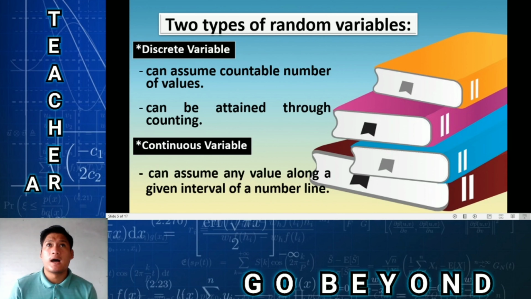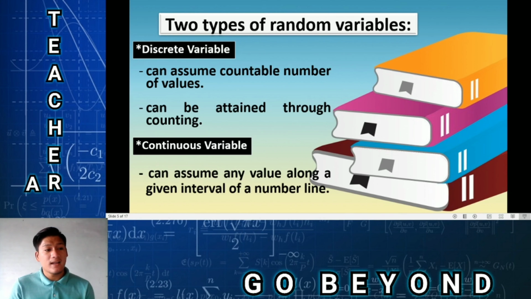Like for example, the numbers between 1 and 2. So 1.1, 1.2, 1.3, 1.4. Meaning to say, in continuous variable, we include the decimal. We include the numbers or the interval values of a number line.